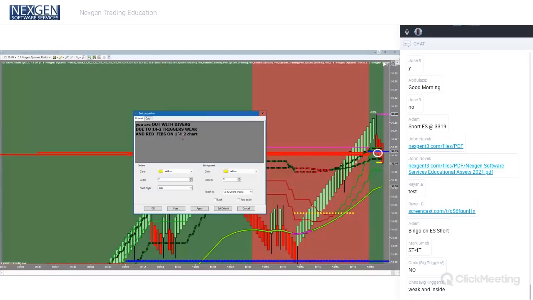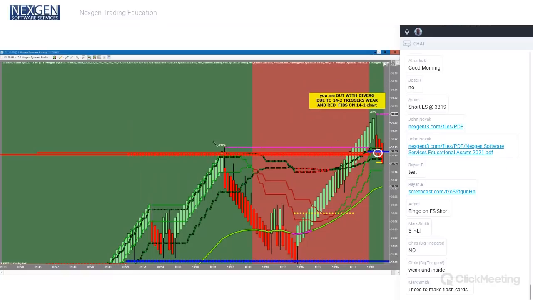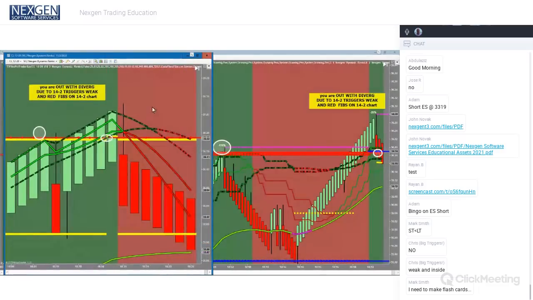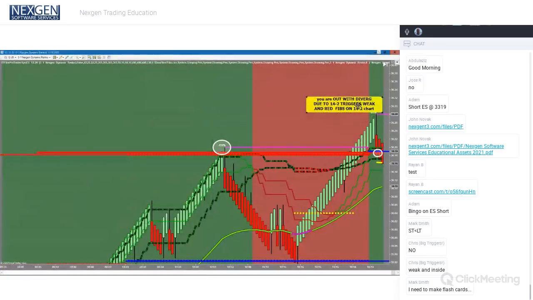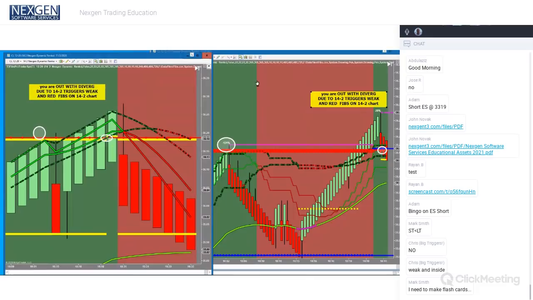It's not just a divergence on a little chart to get you out. It's the combination of divergence, Fibs not changing colors, triggers are really weak on the 14-2 chart. And with all that stuff together, we're not going up. That's the end result. Now, some people would say if you're not going up, go short.